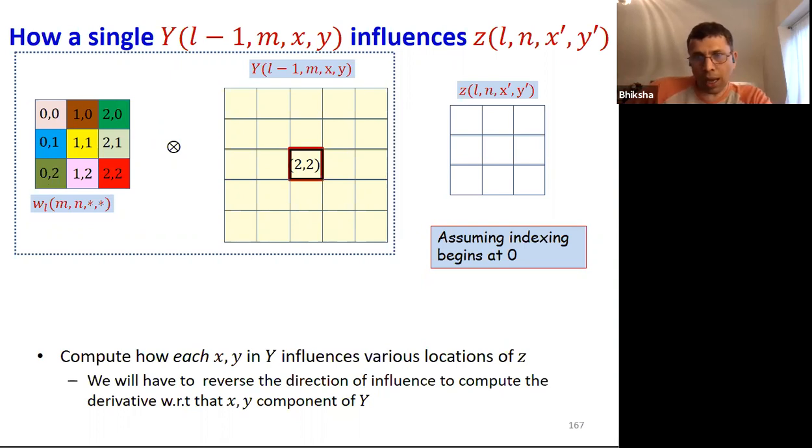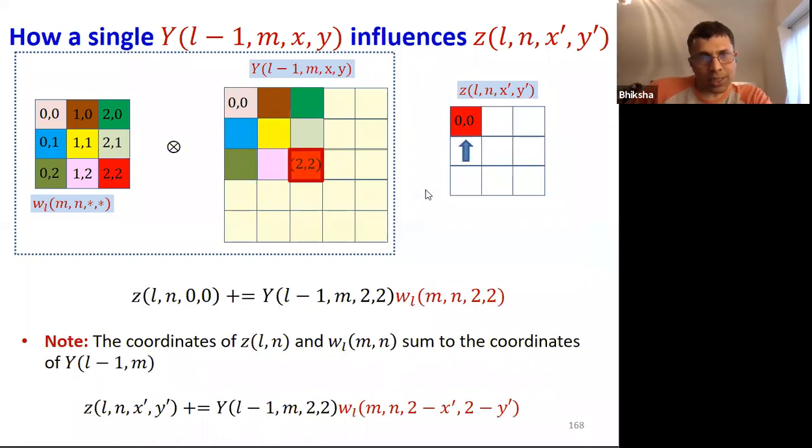So now we're going to look at how this 2-2 element of the Y map influences the elements of Z. Consider the 0-0 position of Z. To compute the 0-0 position of Z, we place the filter starting at the 0-0 location of Y, and then do a component-wise multiplication and a summation.